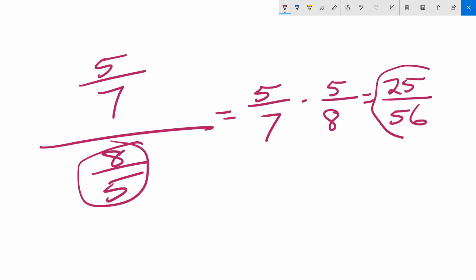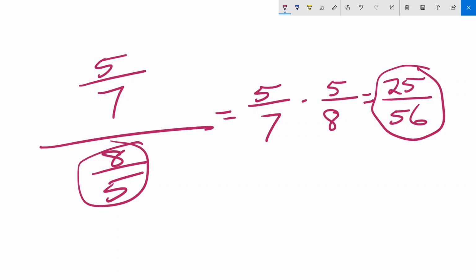And can that be simplified? There's a lot of numbers that divide evenly into 56. There's not so many that divide into 25. There's only one, 5. 5's the only number besides 25 and 1 that divides into 25 evenly. So 5's the only one you have to check.